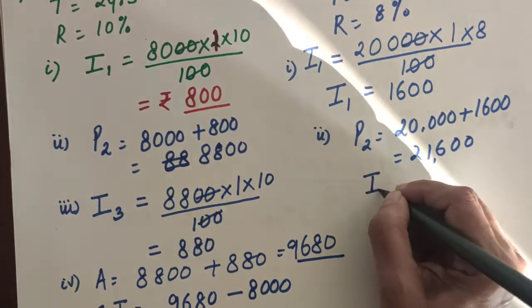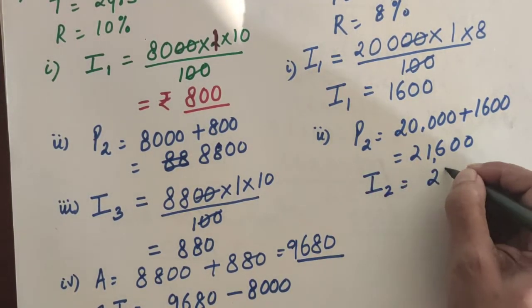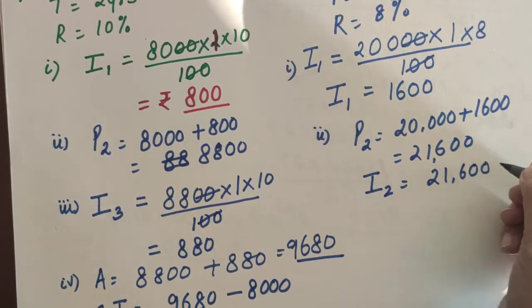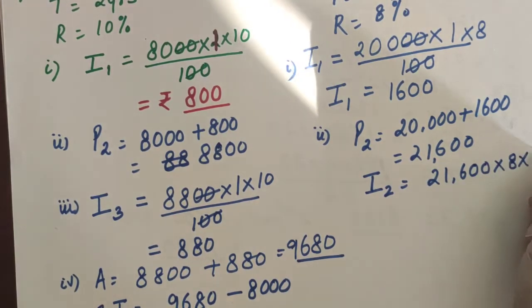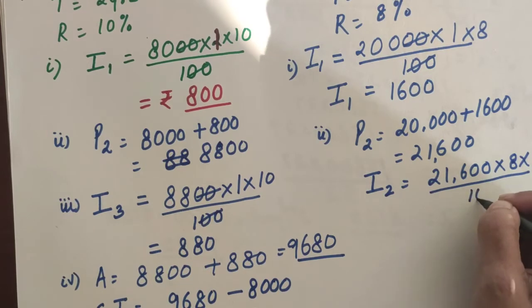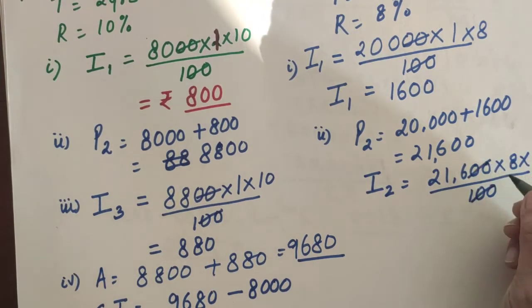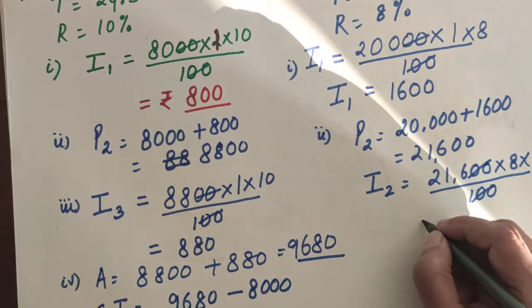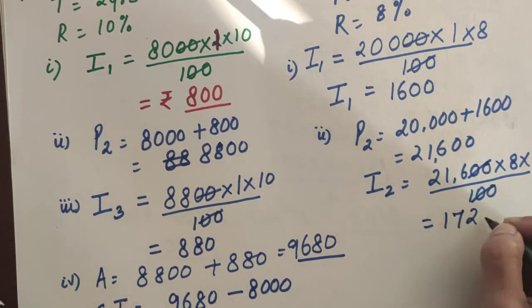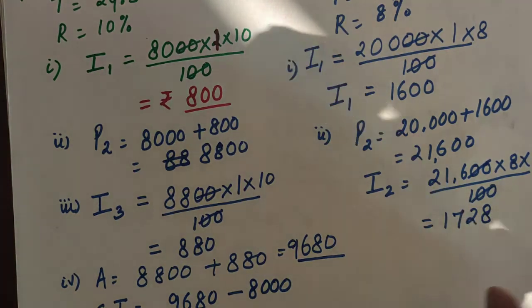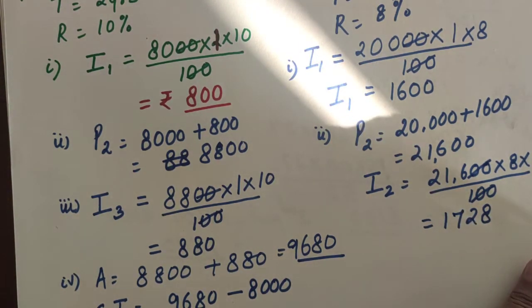So your interest for the second year is PRT: 21,600 into R, which is 8, into time, which is 1, upon 100. So your answer will be, when you multiply, 1728. This is your answer for the second part.